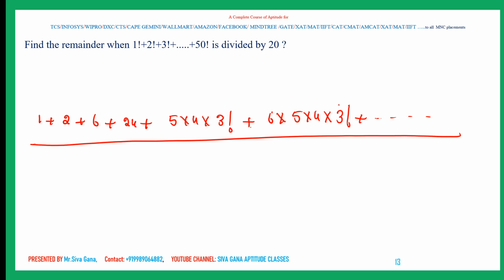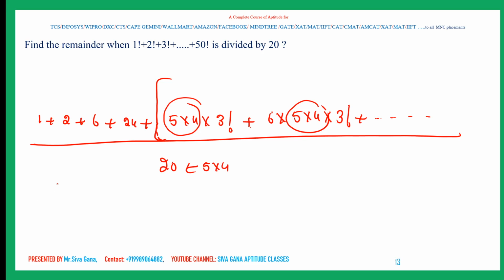When it is divided by 20, 20 is nothing but 5 into 4, which means from 5 factorial onwards, the rest of the terms are divisible by 20.